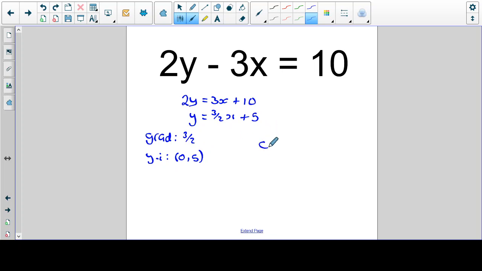And we just need to solve this equation to find our x-intercept. 3x equals 10, so x equals 10 thirds. X-intercept 10 thirds, 0.